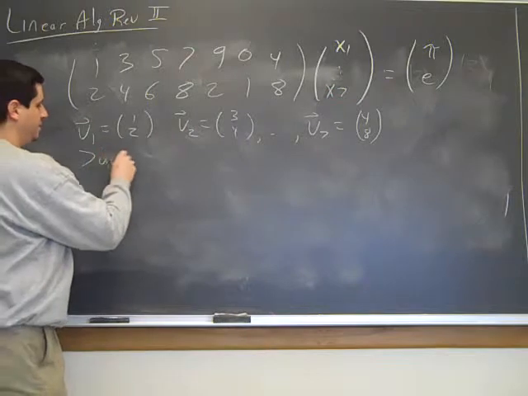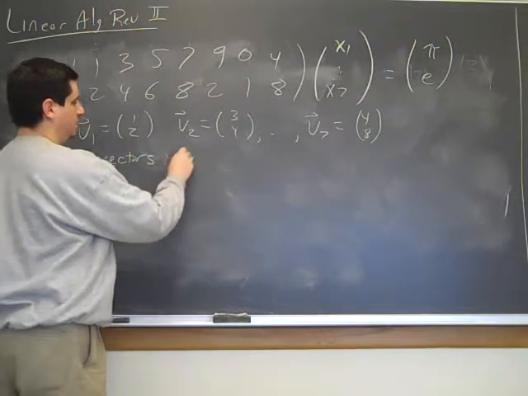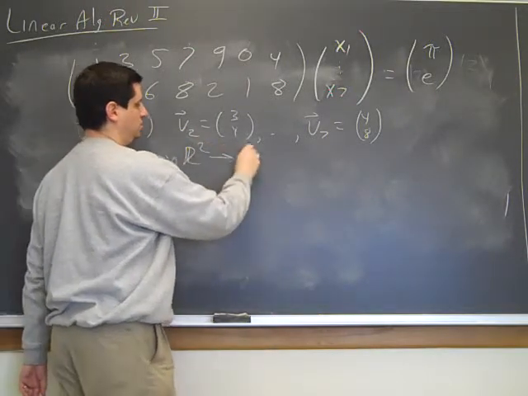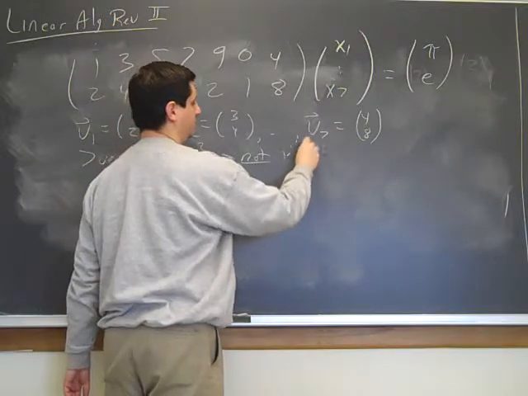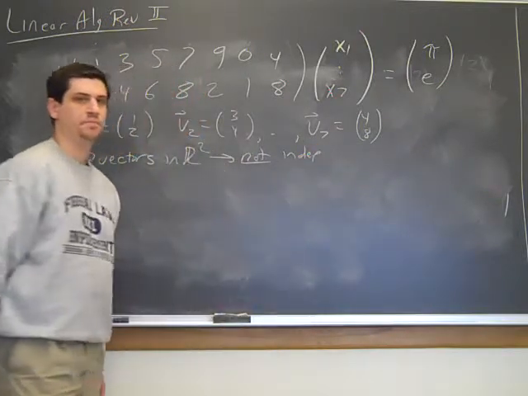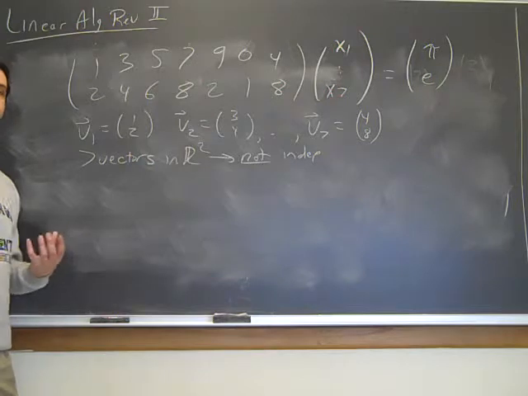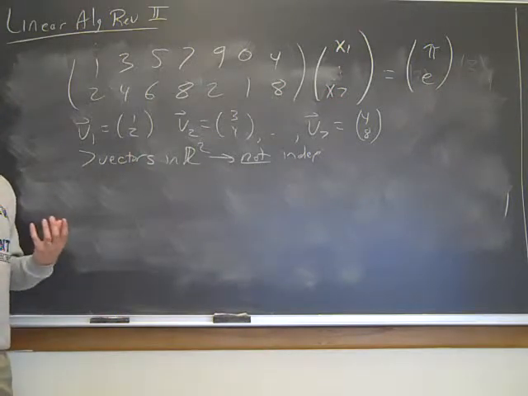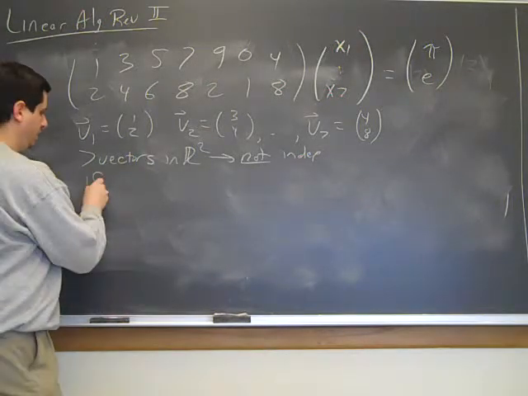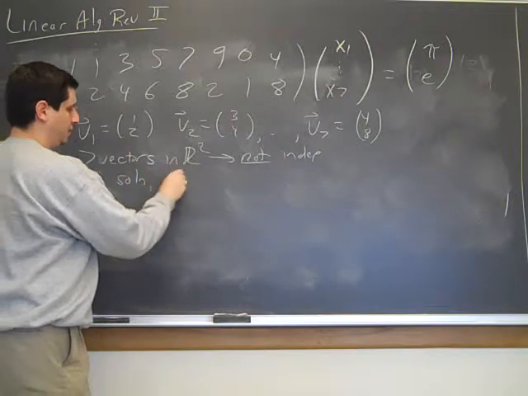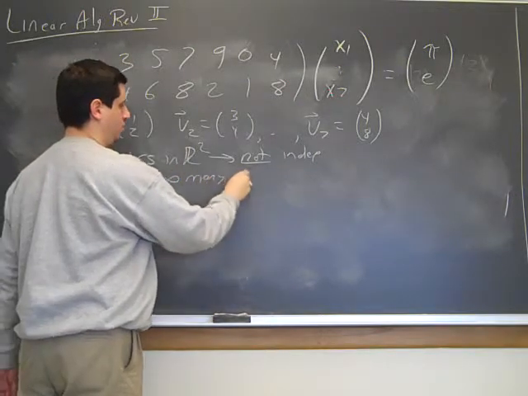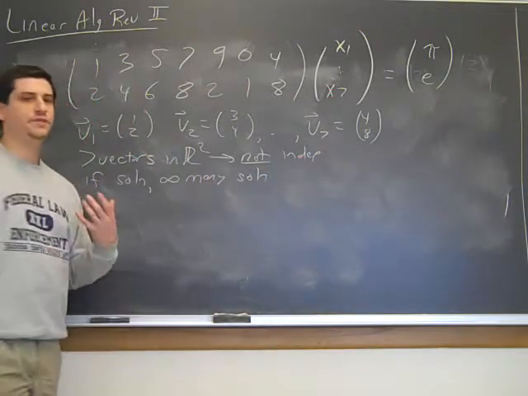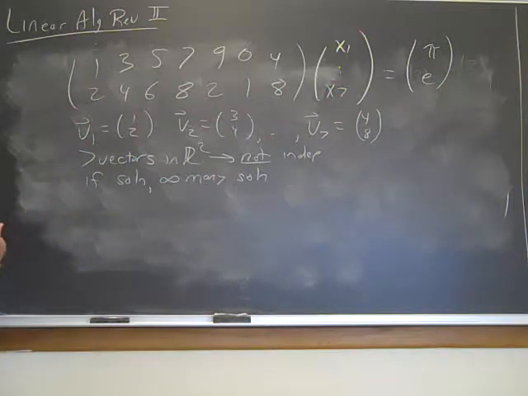Can't be independent. 7 vectors in R2 are not independent. So if there's a solution, there will actually be infinitely many solutions. So all we have to do is find one solution.